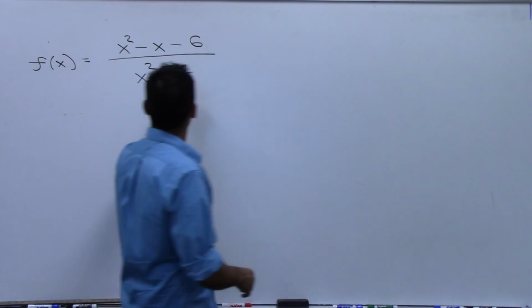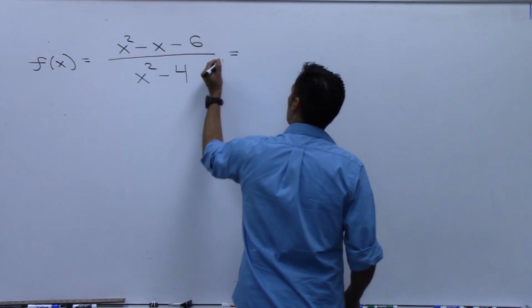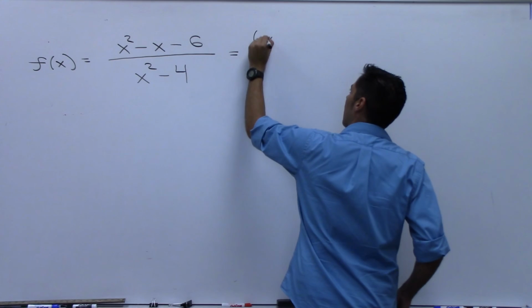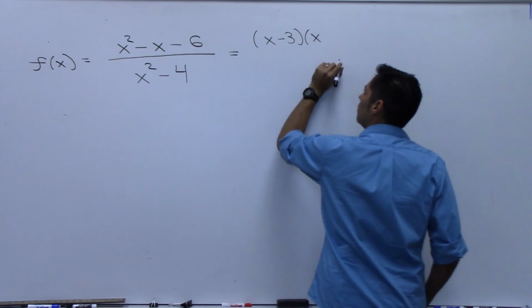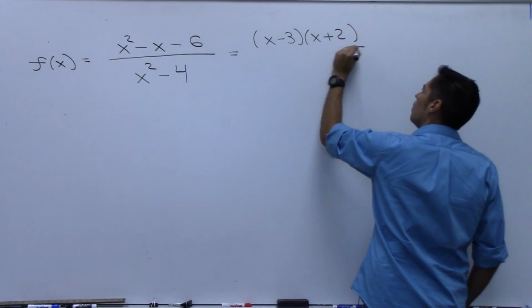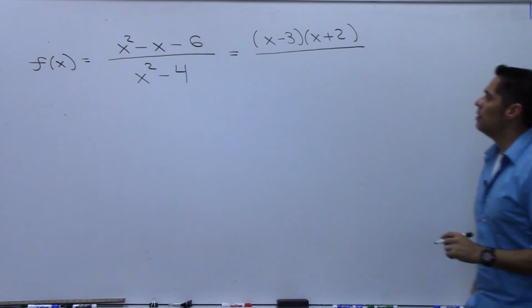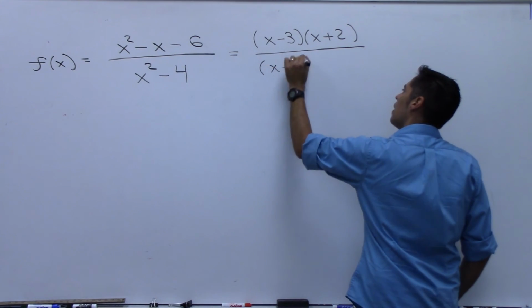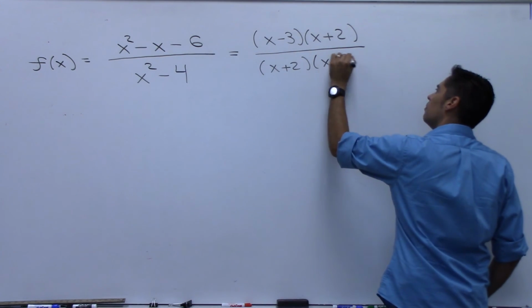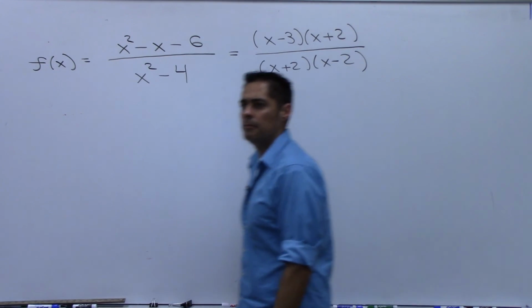So we factor everything out. So I'm just going to rewrite this factored: x minus 3, x plus 2. You agree? The bottom, x plus 2, x minus 2. You agree with that?